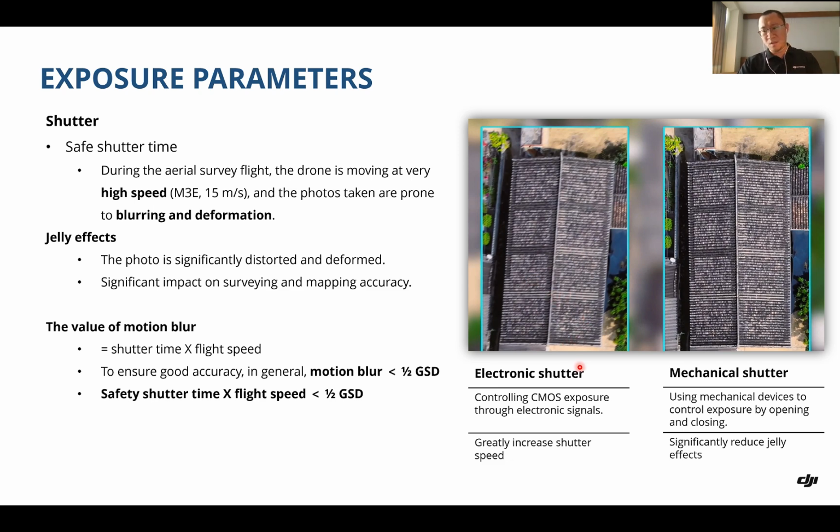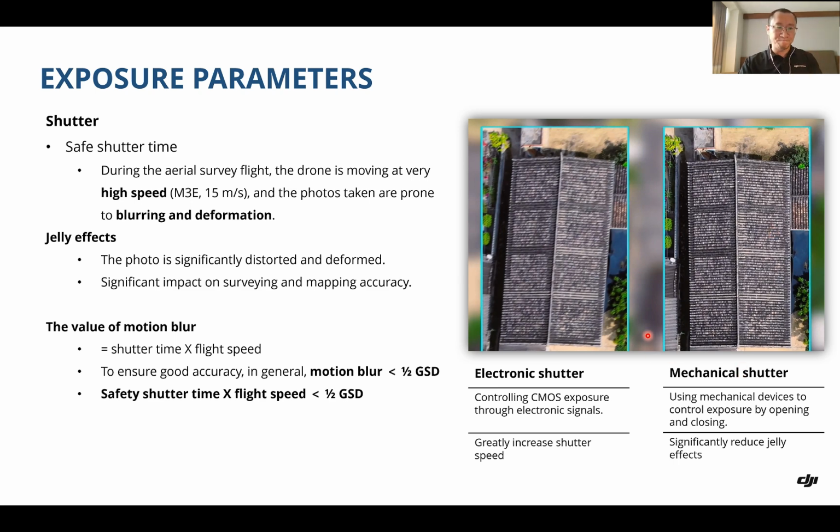To avoid this and get a clear and sharp image, we switch to the mechanical shutter, even at a very high speed. You can see we still get a very clear image with very detailed information. So definitely we should use the mechanical shutter.